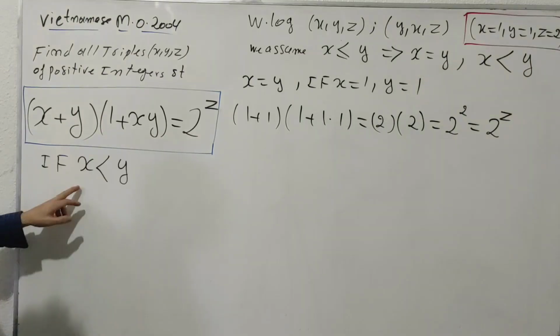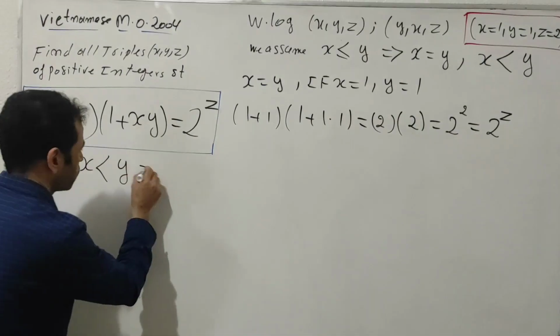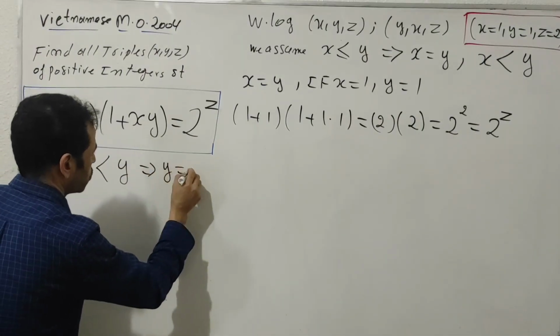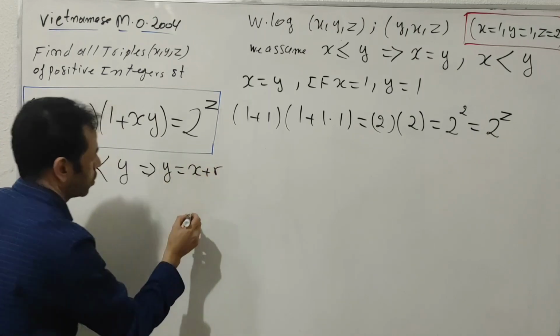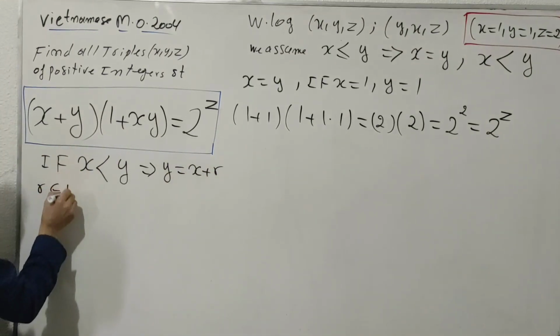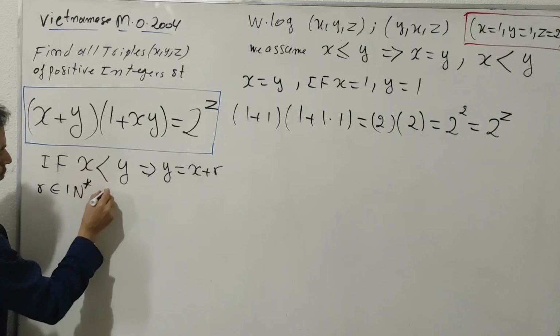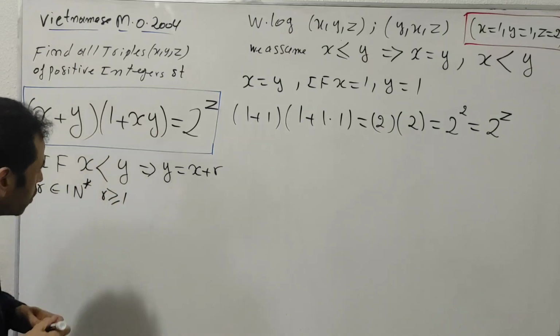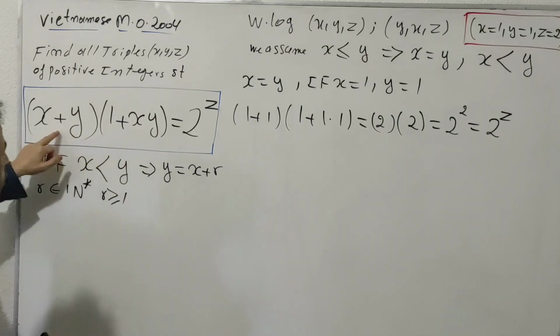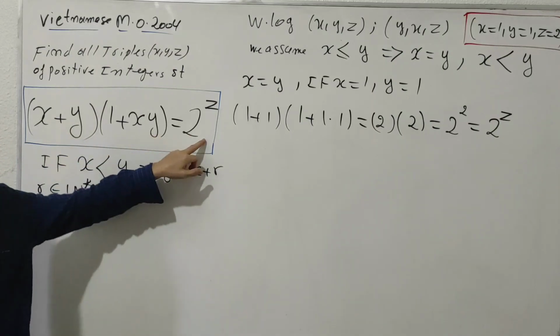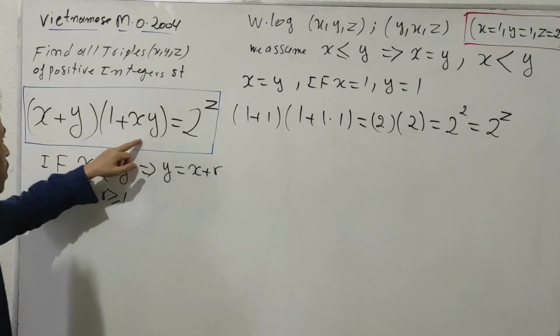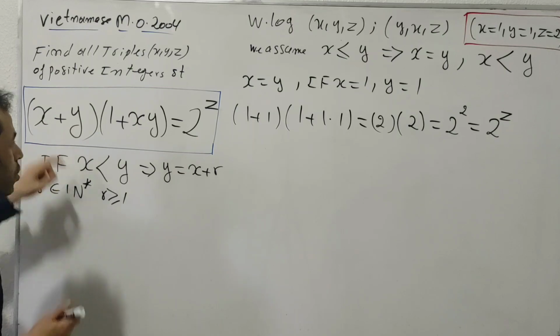Okay, if x is strictly less than y, that means y equals x plus r, where r is some natural number. Now if you take a careful look at this equation, since the right hand side is a power of 2, the left hand side is a power of 2 as well.